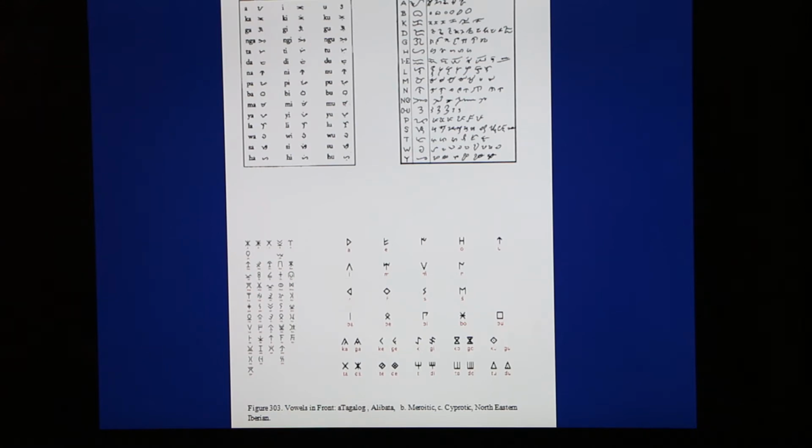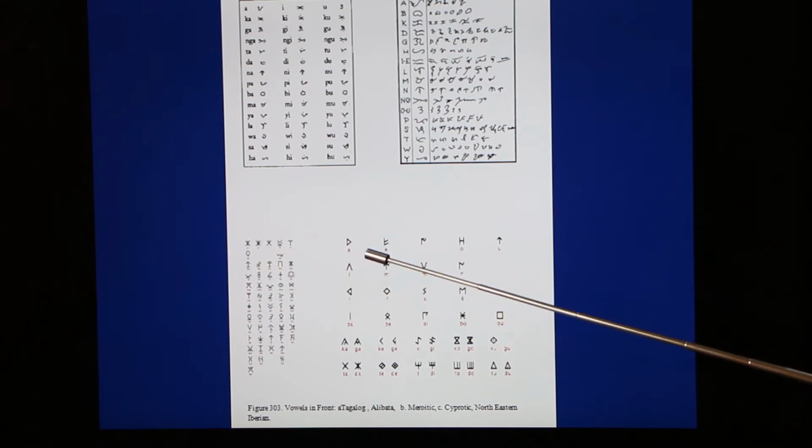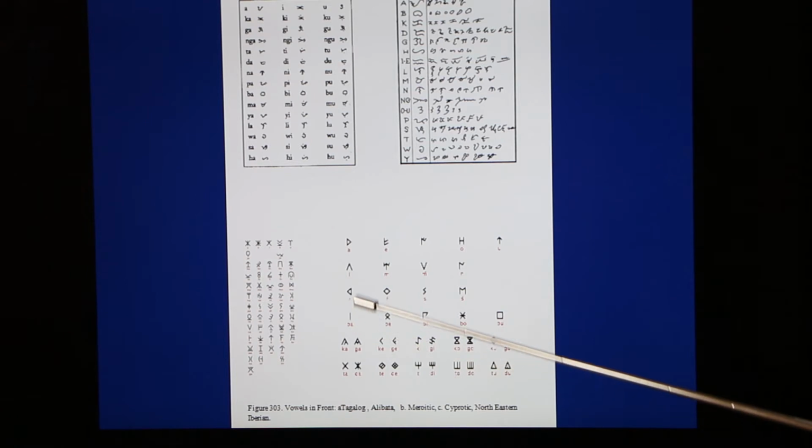Now we're in the Far East, and we have Tagalog, Alibata, where we have A, B, K, D, G, H, and so on, or Aka, Ga, Nga, and so on. And then here we have A, I, U, and we are again creating a syllabary of vowel sounds. Here we're with Meroitic, here we're with Cypriotic, and again, we have the vowels here and the consonants there.